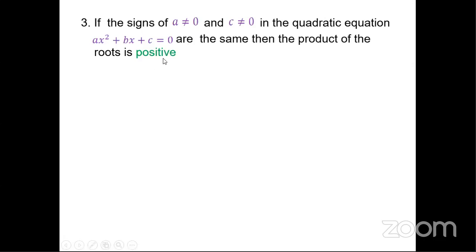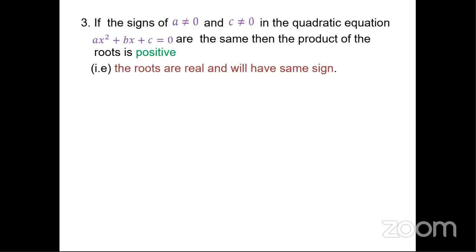So if the signs of these two values are same and these two values are not equal to 0, then the product of the roots will be positive. What is product of the roots? Product of the roots is nothing but c by a, isn't it? C is positive, A is positive. Then it gives a positive value.